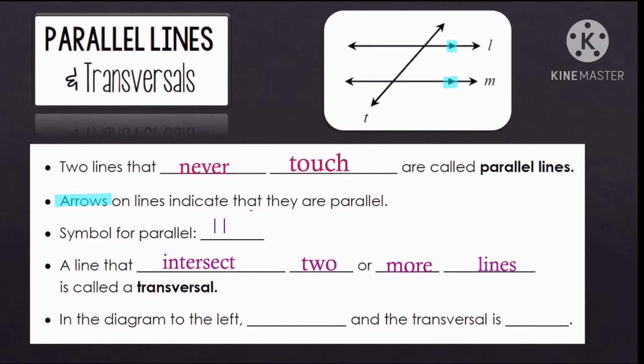But we would say line L is parallel to line M. And the transversal is line T. Okay, that line T is intersecting those two lines. Now notice what I said in the definition. It could intersect two or more lines.